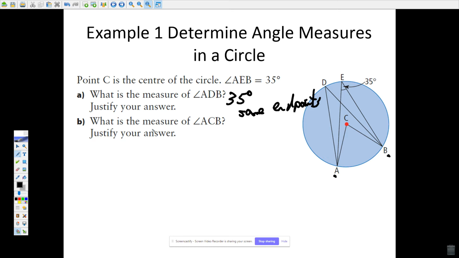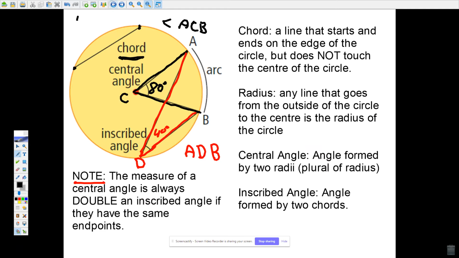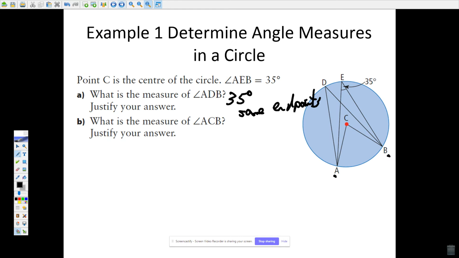The measure of angle ACB, which you can see here is a central angle formed by two radii. As we recall from right here, it is always double the inscribed angle. So if the inscribed angle was 35 degrees, then the central angle has to be 70 degrees because it is a central angle.